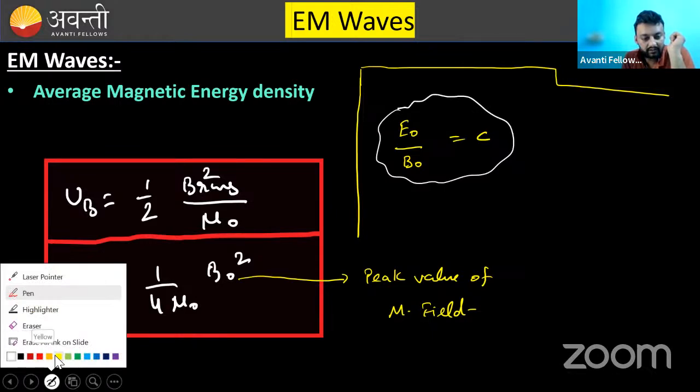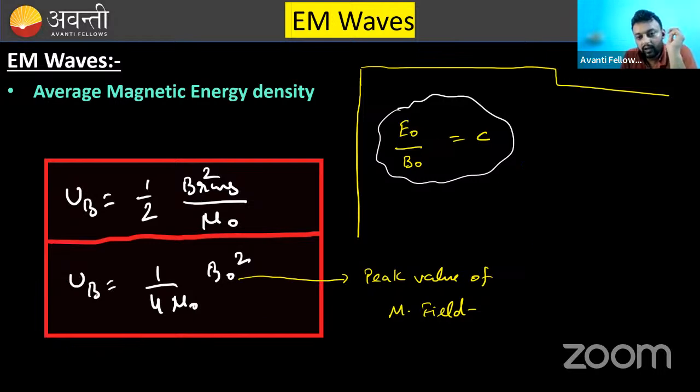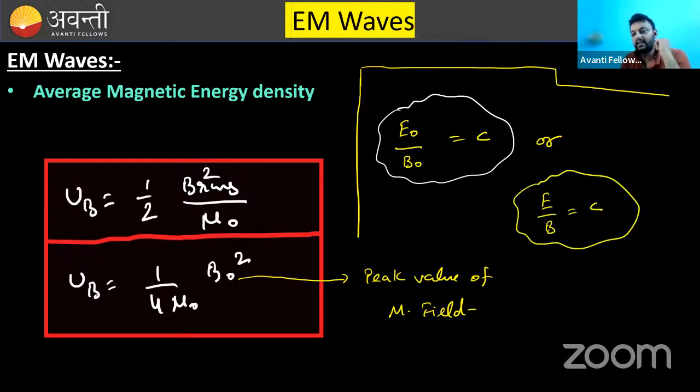Remember this relation, or this relation is valid for any instant. These are the peak values, or it can also be written as E over B is equal to c. That means at any instant, the ratio of electric field and magnetic field is equal to the speed of light. Remember this relation. This is a very important relation.